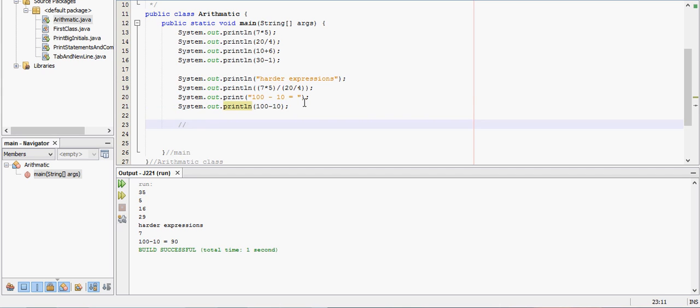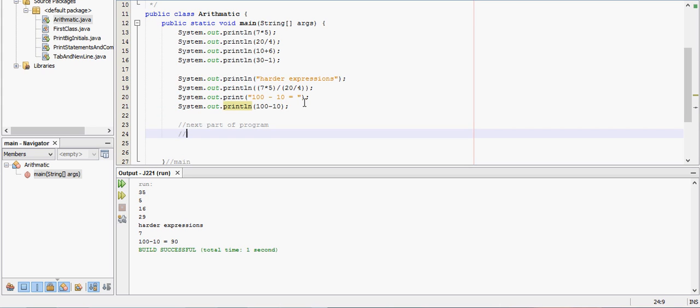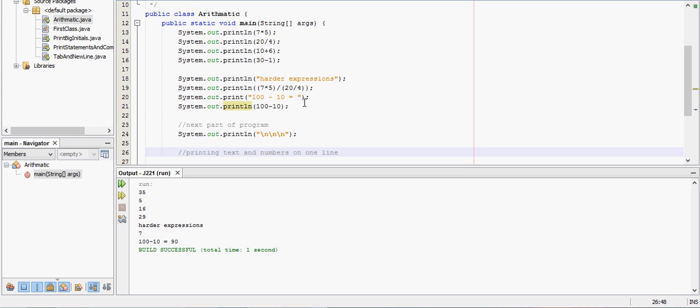Let's tell the user the next part of the program. So we'll put a few new lines here, so we have some clean space to work with. And we'll say printing text and numbers on one line.